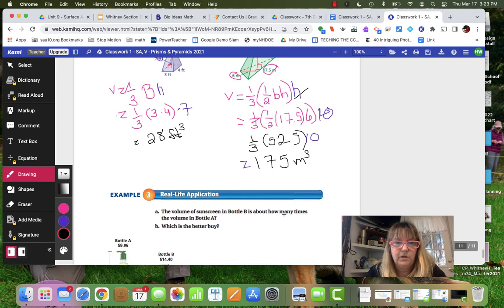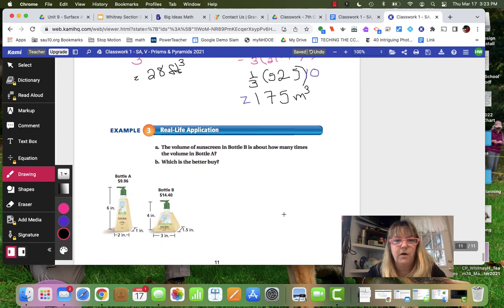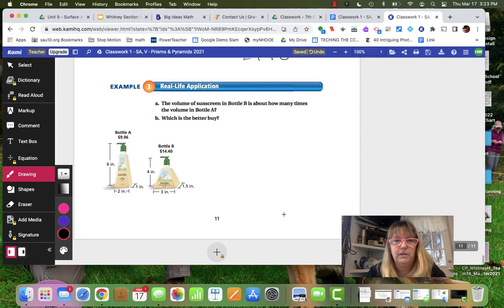Okay, so here's our real life application. So the volume of sunscreen in bottle B is about how many times the volume in bottle A, and which is the better buy. So we need to find the volume of each of those.